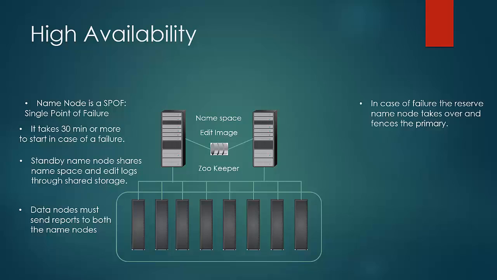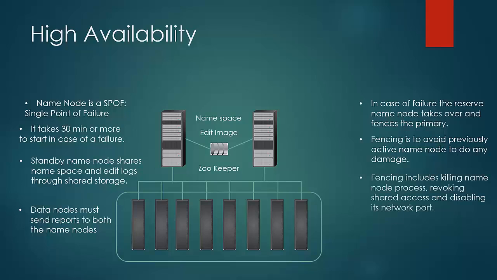So to avoid such a scenario, the standby node fences the primary node when it takes over. Fencing means that the standby would kill the name node process, revoke shared access, and disable the network port of the previous primary node. In certain situations, it goes to the extent that it cuts the previously active name node from the power supply itself.